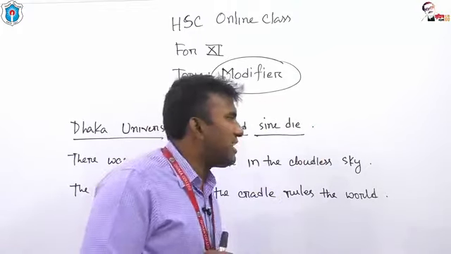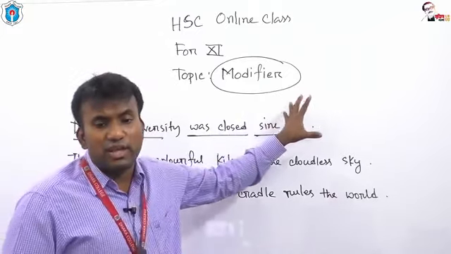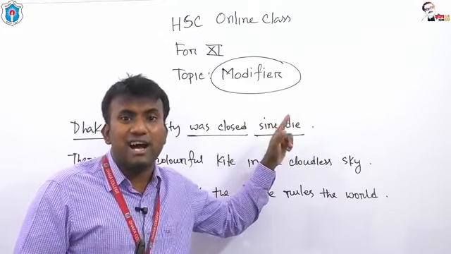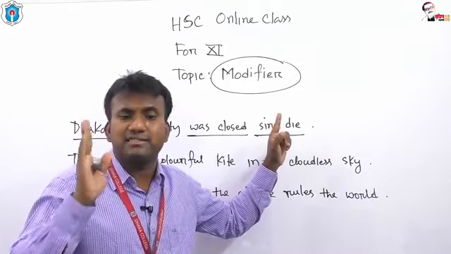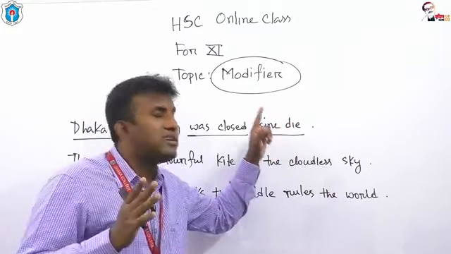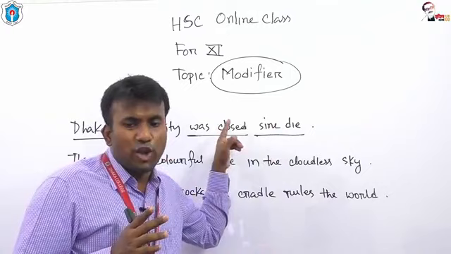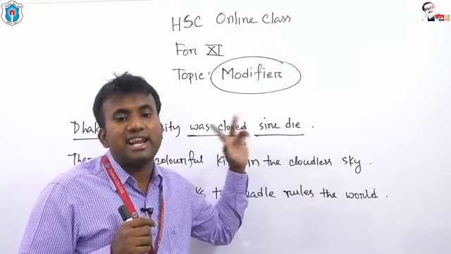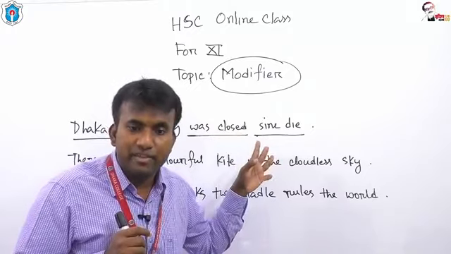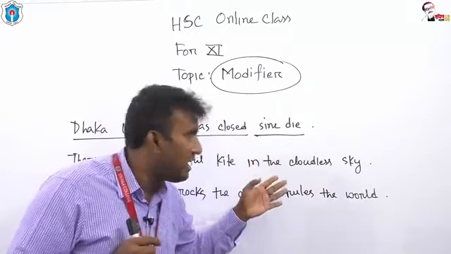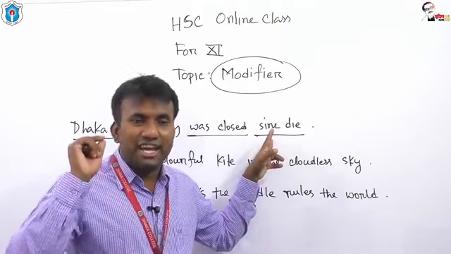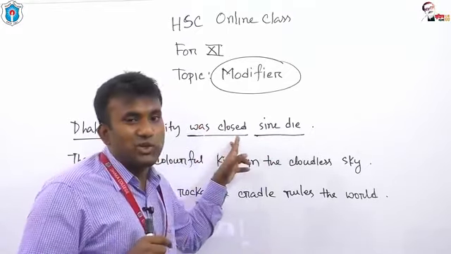Okay, so my dear students, from this first sentence you have to calculate that sine die is such a phrase which modifies was closed. That's why I can say sine die is an adverbial phrase, and this phrase has modified was closed.